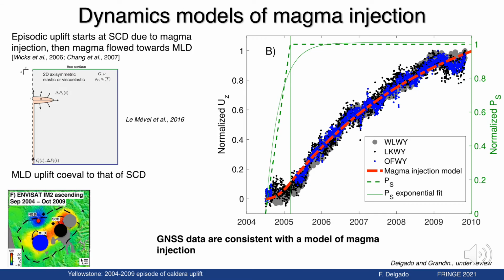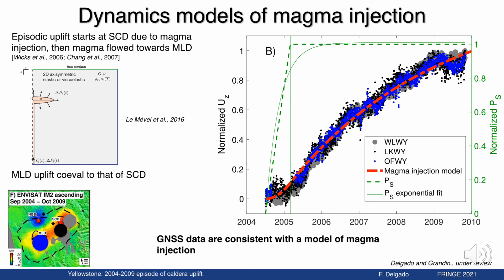I use a combination of a GPS time series from this station shown on the lower left with a fluid and solid mechanics model in which magma ascends by its overpressure from a deep mantle source towards a shallow pressurized reservoir.